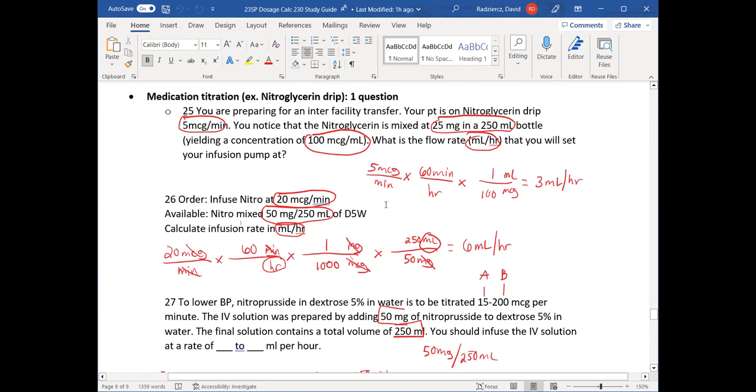I just don't remember if it's in your blueprint. But basically, it's just a matter of converting, going from micrograms per minute or milligrams per minute to milliliters per hour. I do think that this is more a 4th semester type question, but you can tell me if otherwise.